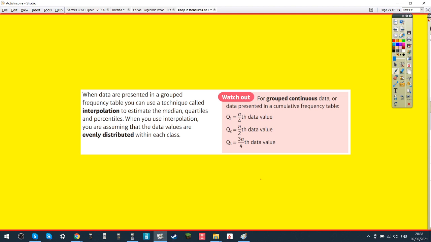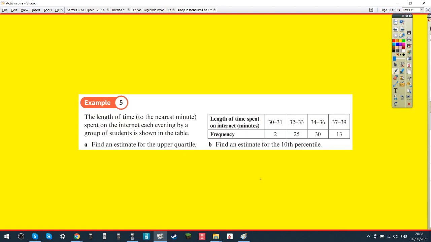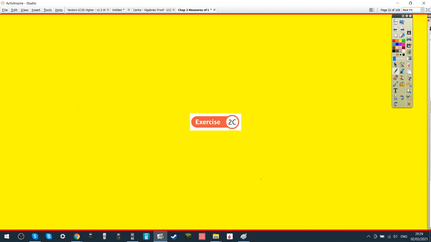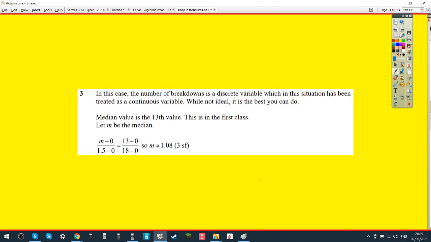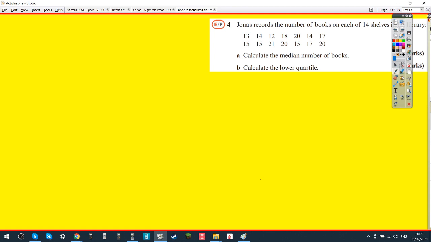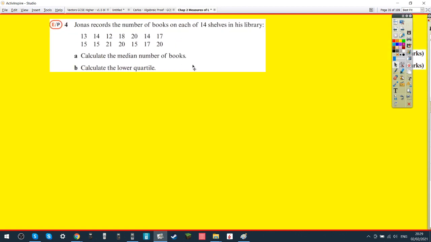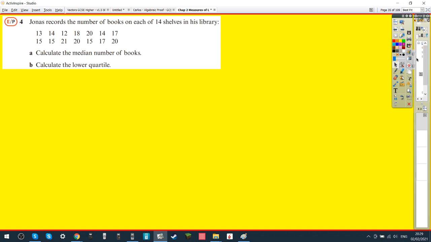To be an even better estimate of the median. Okay, what's the lower quartile for this?